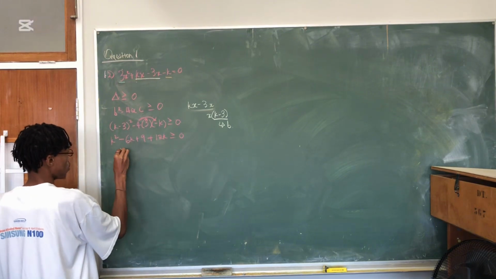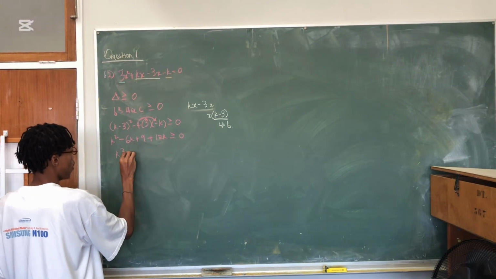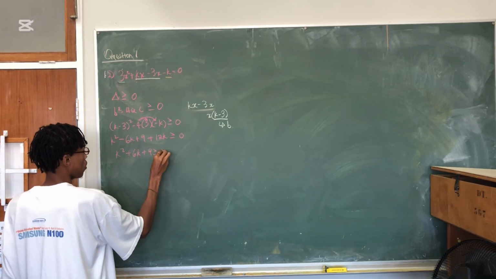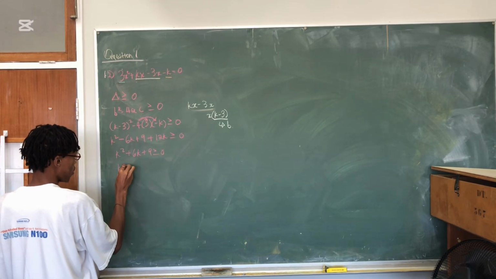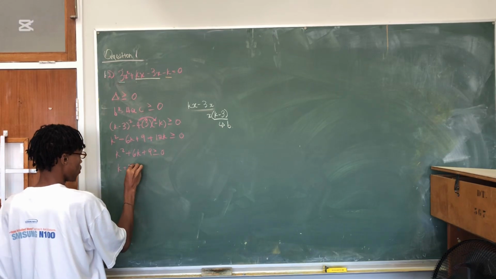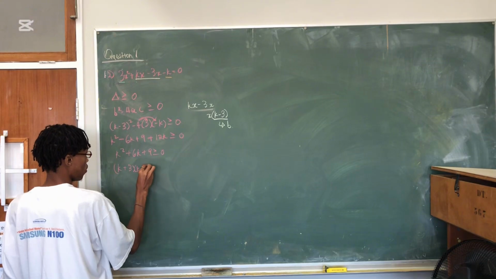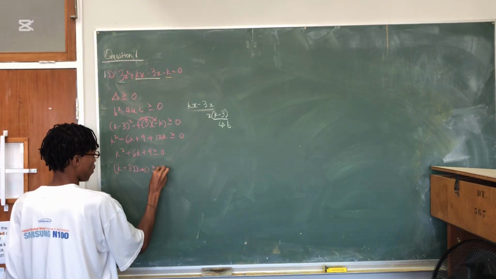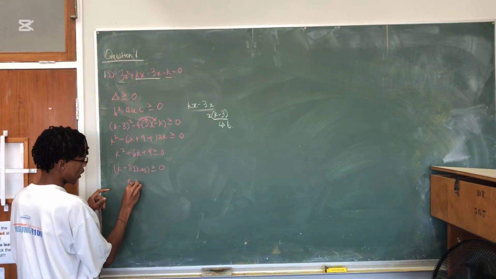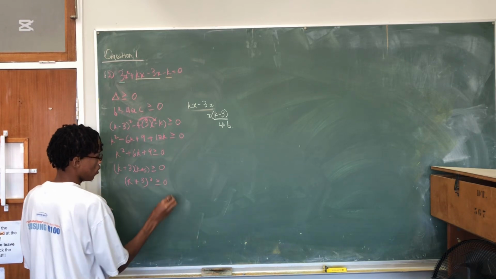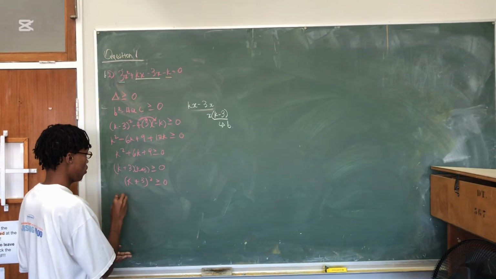Then we have k squared plus 6k plus 9. Our factors are going to be, we can also write it as k plus 3 squared, and then we solve for k.